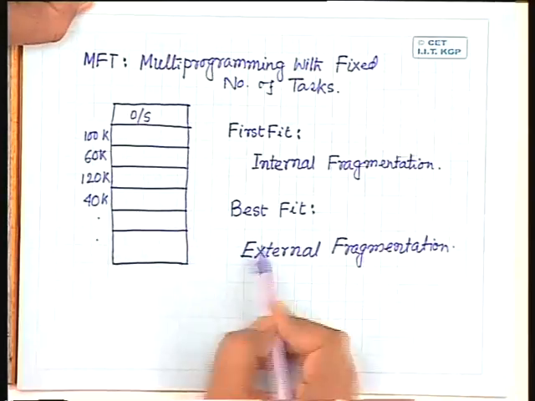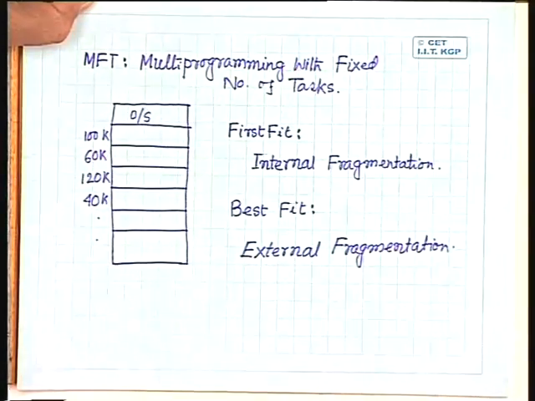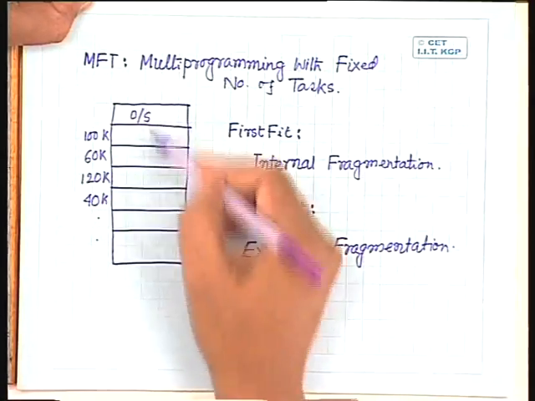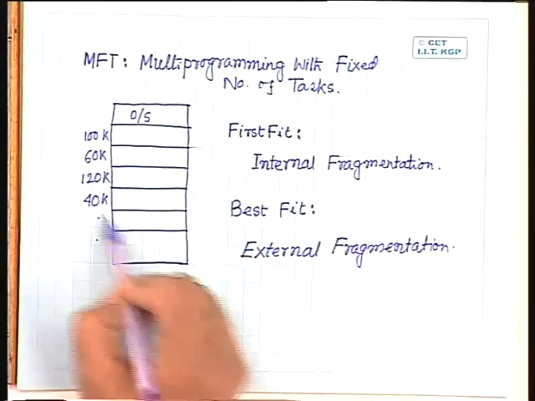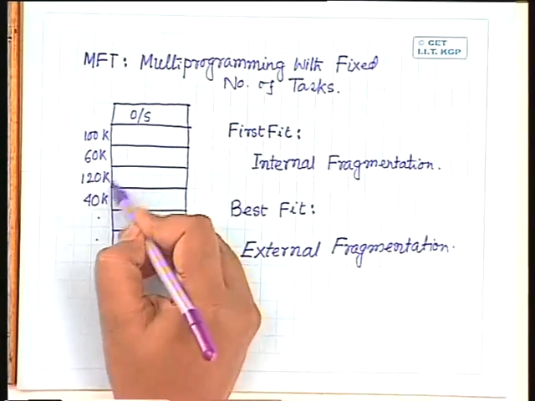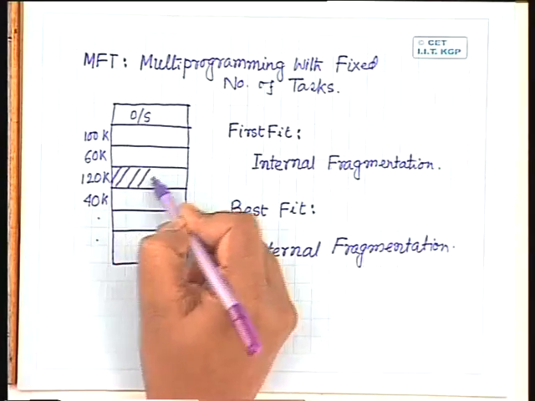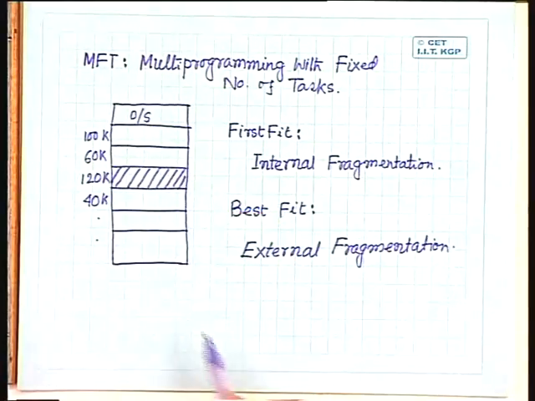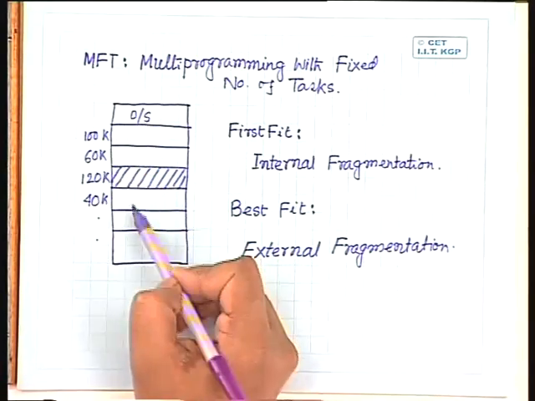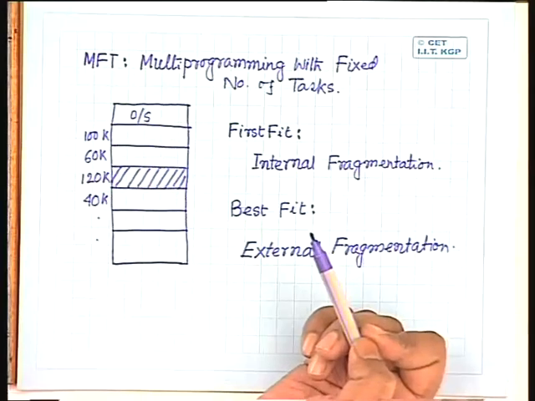External fragmentation, in case of the MFT technique, will occur when I have some jobs to be executed, but the job cannot be fitted in any of the partitions because the size is less. So coming to this, if I have, say, this 120 kilobyte partition already occupied by some process, and I have another job which needs 105 kilobytes, I can have a situation that all these partitions are free, but none of them is greater than 105 kilobytes.